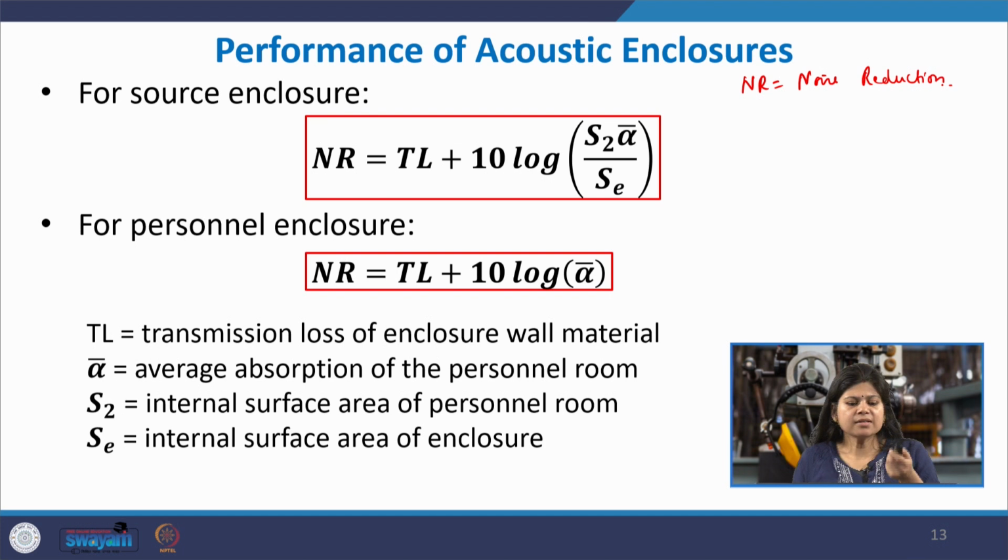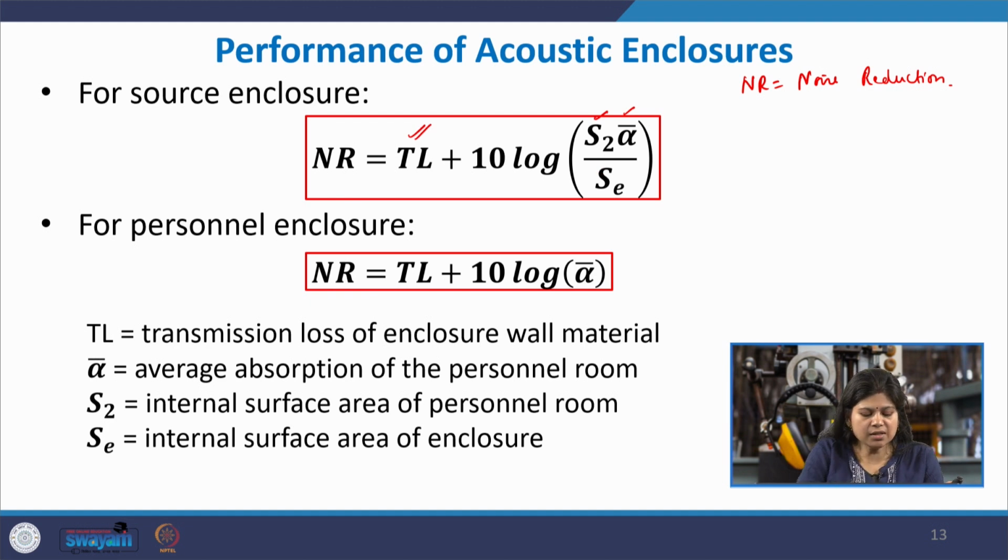Okay. And there is a separate formulation for the noise reduction of the source enclosure and the personal enclosure. In fact, for the source enclosure, the noise reduction is the transmission loss of the material that is being used to build the enclosure plus 10 log10 of this particular quantity, which is S2 alpha dash by SE.